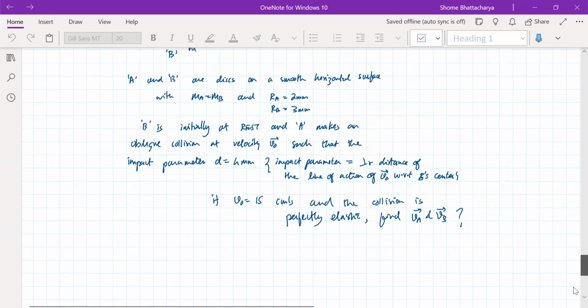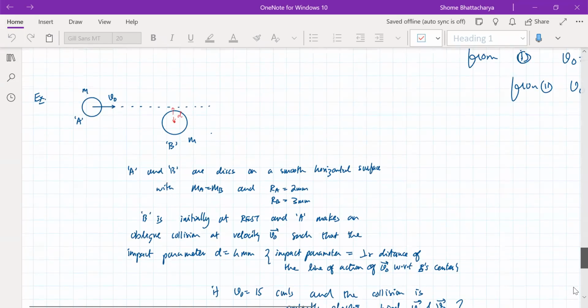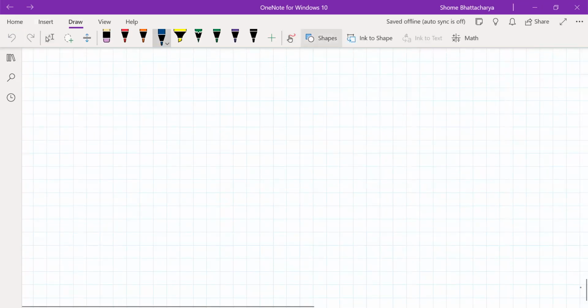So that was the geometrical part of the question, in addition to the collision part, how we make use of the geometry which is given.